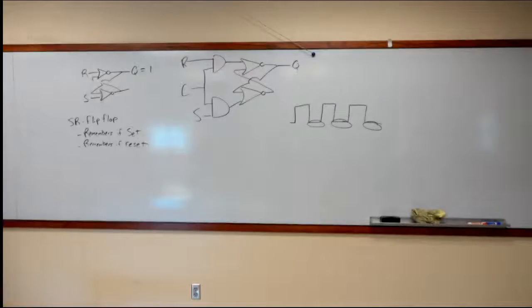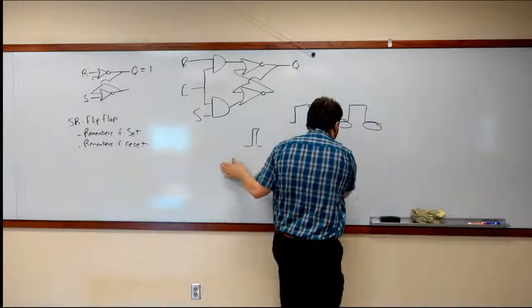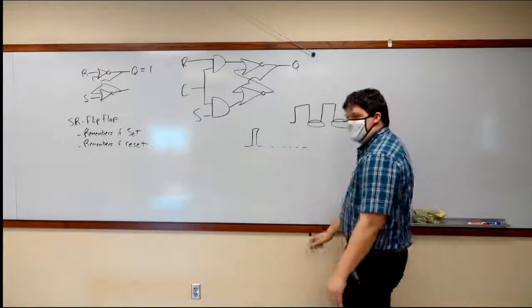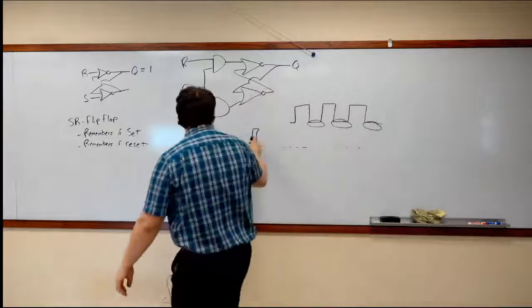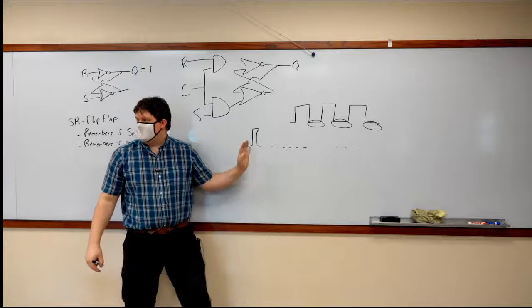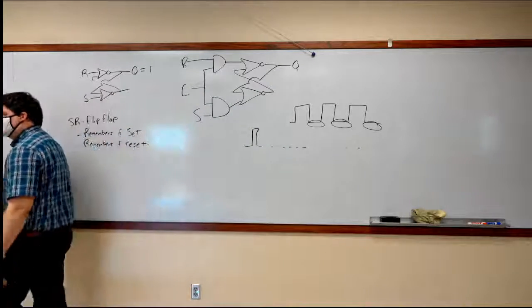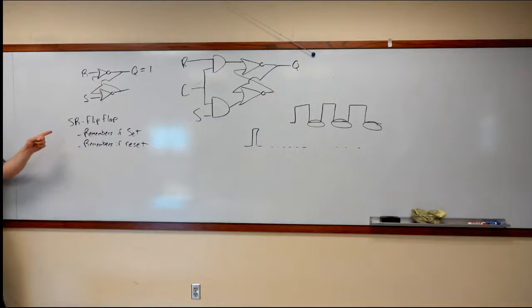Your system remembers where it was when it was turned on last, and it stays off. If you have a clocking signal that turns on for a very short amount of time and then stays off for a very long amount of time, it will remember exactly what happened during the time that it was turned on, and nothing else will matter. That's the beauty of a system like this.